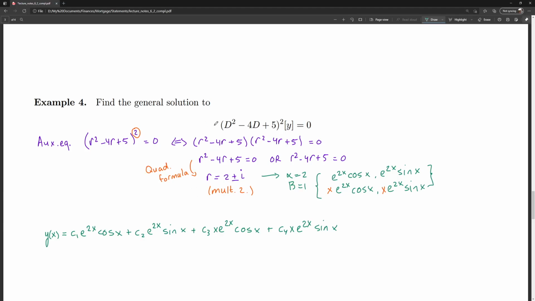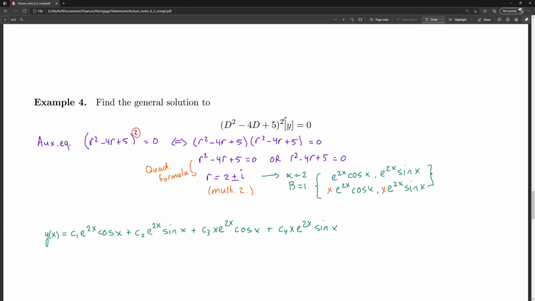And let's double check that we have found all the parts of the general solution. D squared by itself would be second order, and so that would only need 2 coefficients.